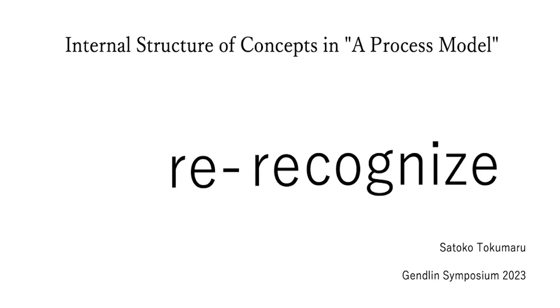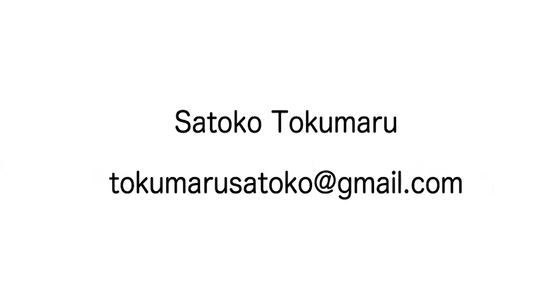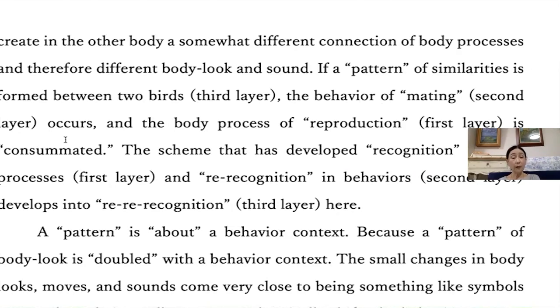A somewhat different body look and sound in one creates in the other body a somewhat different connection of body process and therefore different body look and sound. If a pattern of similarities is formed between two birds, third layer, the behavior of mating, second layer, occurs, and the body process of reproduction, first layer, is consummated.